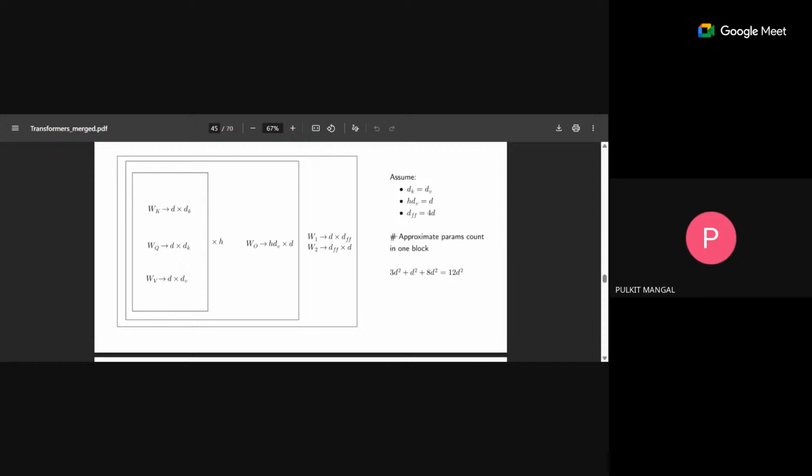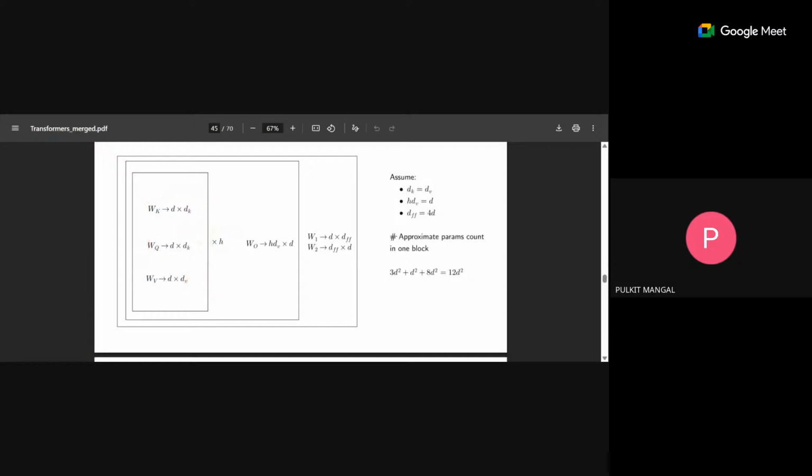These three will have the same size across all heads, so their sizes do not change across the heads. So you will have d times dk plus d times dk plus d times dv parameters, multiplied by the number of heads, because you are going to have that many matrices of the same size. That's why it's multiplied by h here.